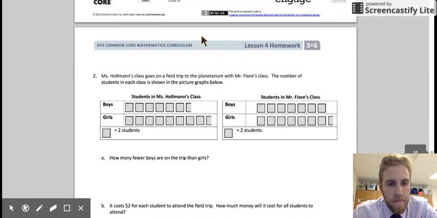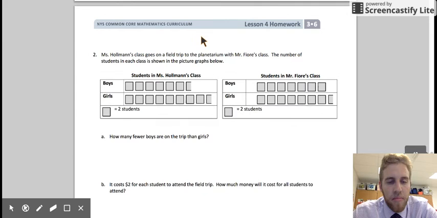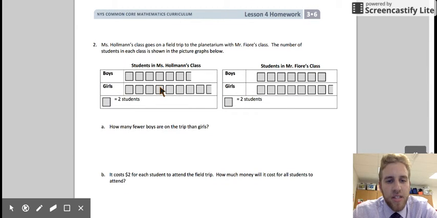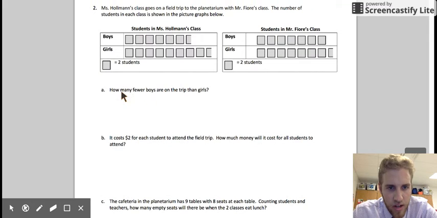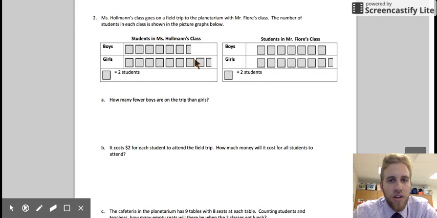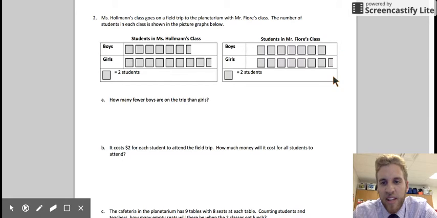Going on to the next problems here. These are our pictographs. I want you guys to try to do part A on your own. It wants to know how many fewer boys are on the trip than girls. So what you would need to do here is add up all your girls, find out what that number is, add up all your boys, find out what that number is, and see how many less boys there are.